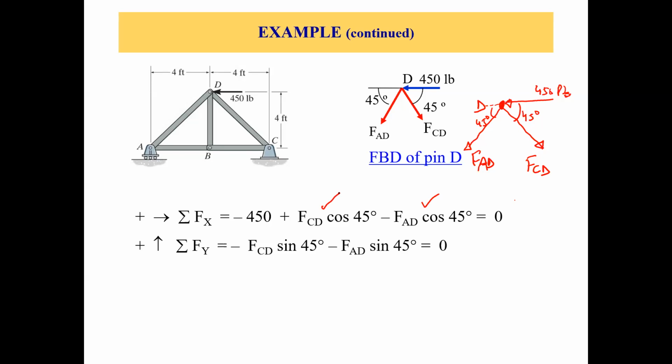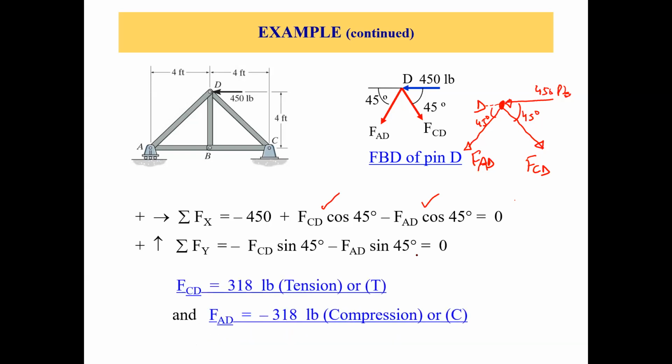Now, if you go for sigma Fy, how many forces do we have in the y direction? We only have the y components of FAD and FCD, right? Both are acting downwards, so both are negative. So negative FCD times sine 45 and negative FAD times sine 45 equals 0. These are the two equations, and if you solve them, you get FCD equals 318 pounds.